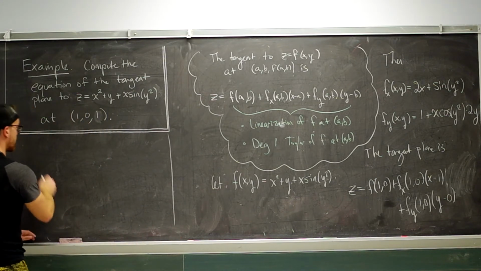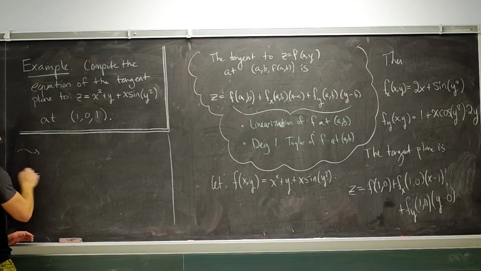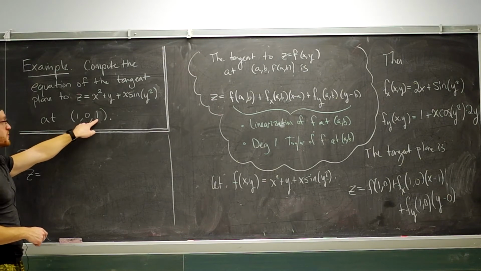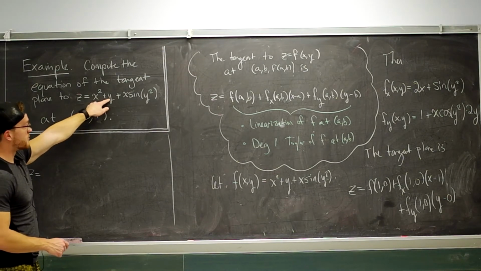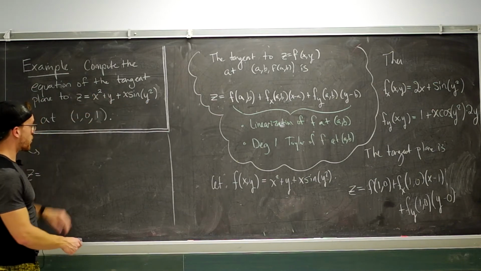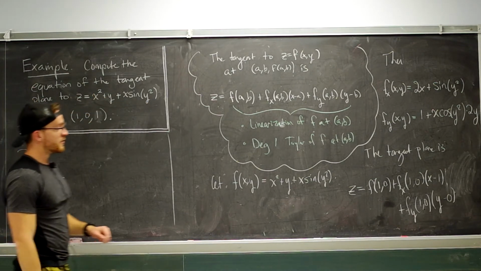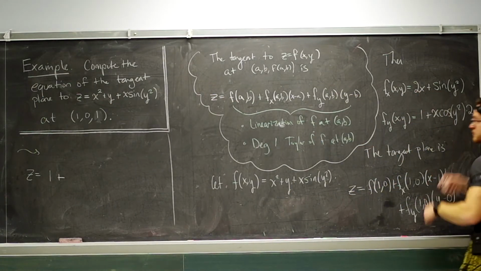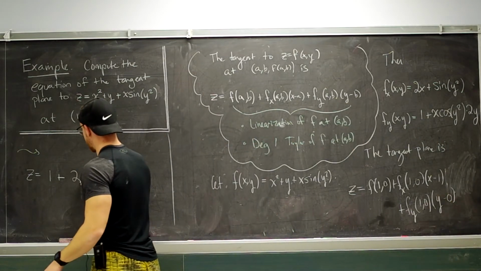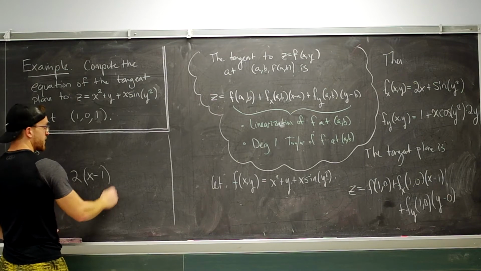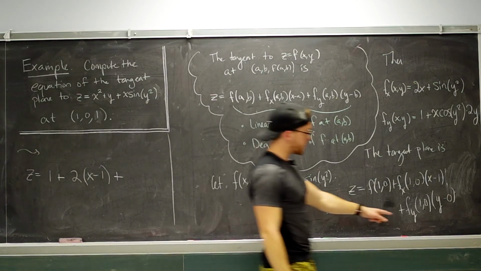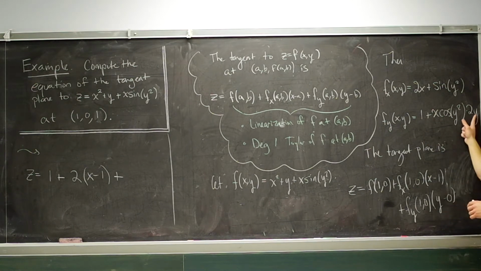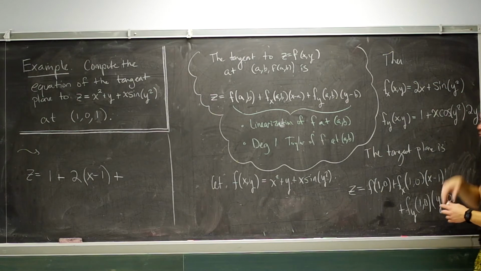So continuing from over there, this equation is exactly z equals f of 1, 0. According to this, it should be 1, but let's check. 1 plus 0, sine of 0 is 0, so that's 1. Plus, the x derivative at 1, 0 is 2 plus 0. So it's 2 times x minus 1, and then plus the y derivative at 1, 0 is 1 plus, when y is 0, this whole thing is 0, so it looks like it's 1.